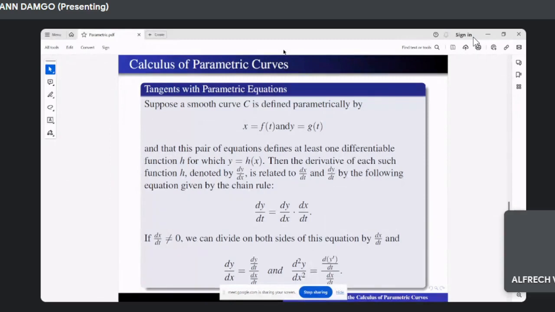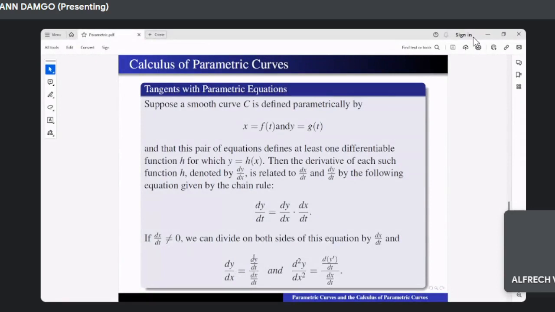So here, same given, x is equal to f of t and y is equal to g of t. So in order for us to get dy dx, the first derivative, we need to find first the derivative.